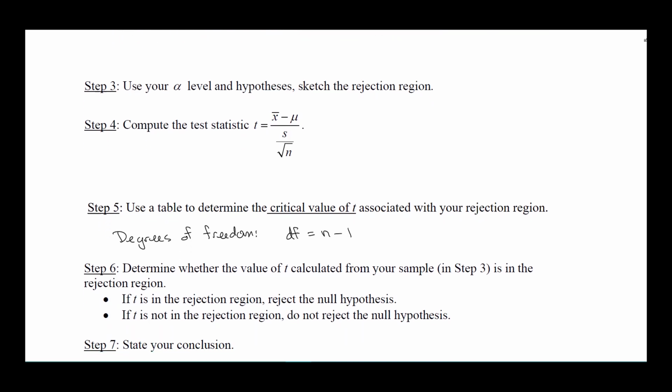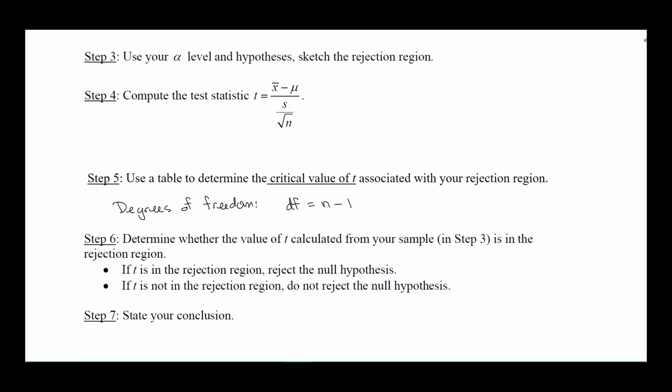Then, just like when we did the z-test, when we knew the standard deviation, we're going to see if our t, our value of the test statistic from our sample, is in the rejection region or not. That will tell us whether we reject the null hypothesis or do not reject it. And of course, we know that we can never prove or accept the null hypothesis. The most we can do is fail to reject it.